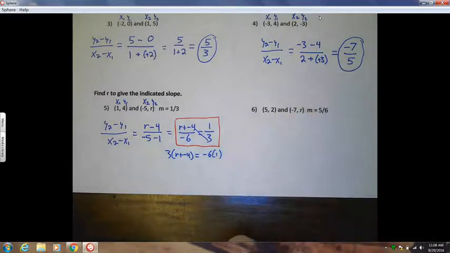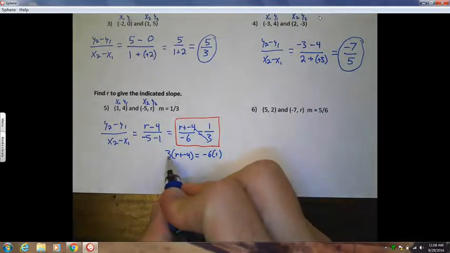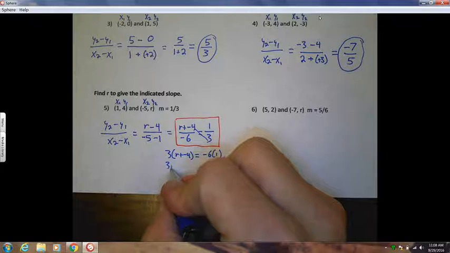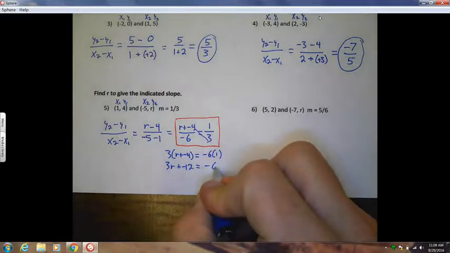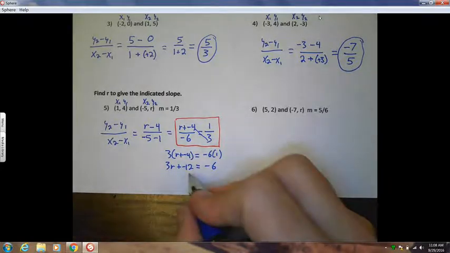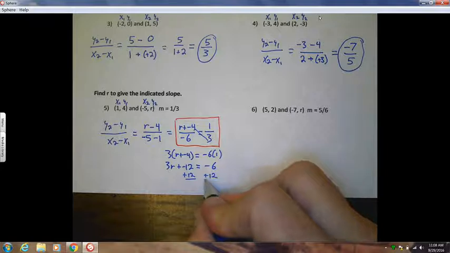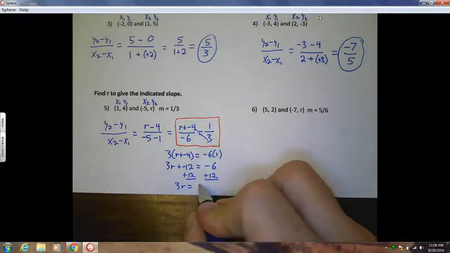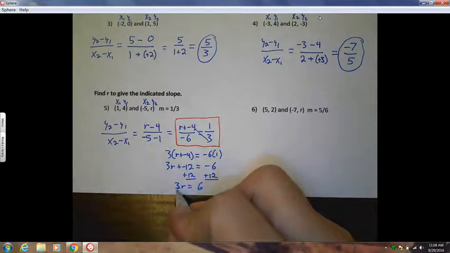Distributive property. Add 12 and divide by 3. So r is equal to 2.